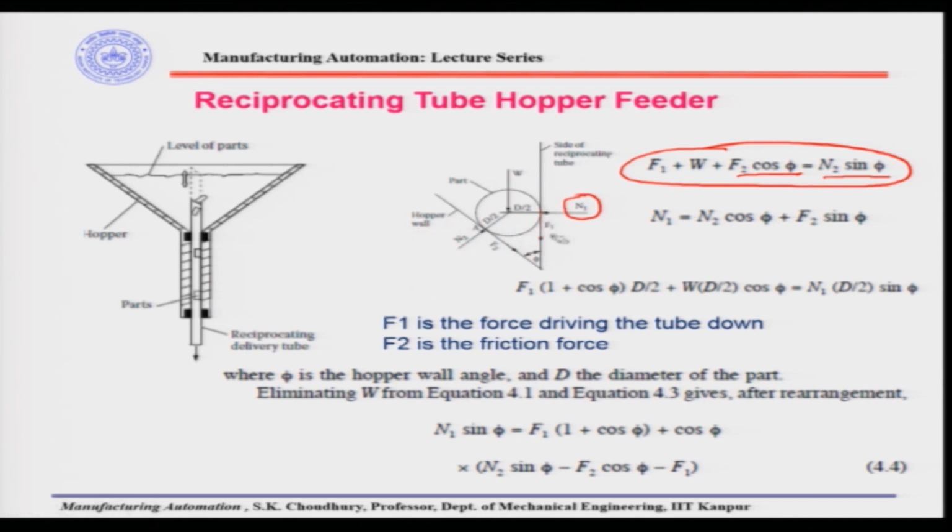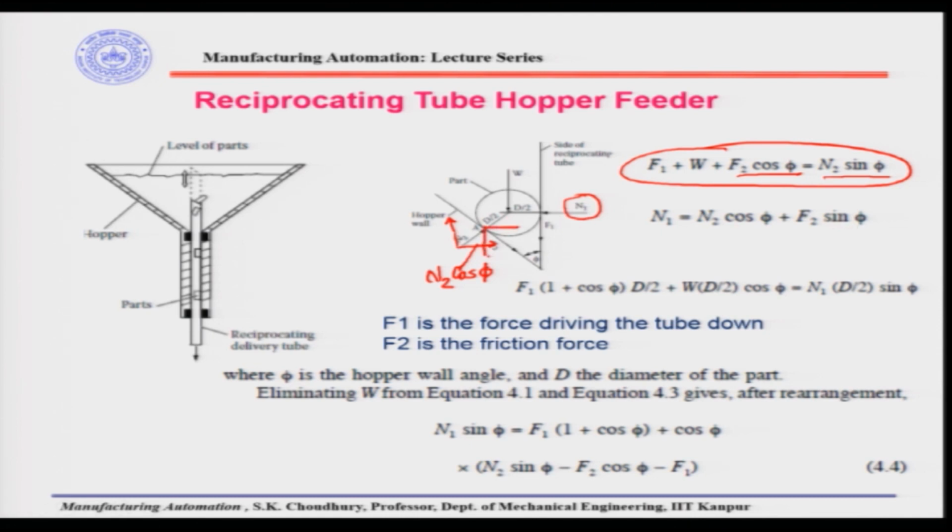Okay, we have N1, this one, then we have N2, which we have resolved into two components, one here, one here. So this will be the N2 cos phi. N1 is resisted by N2 cos phi, and it is also resisted by F2 and sin phi.